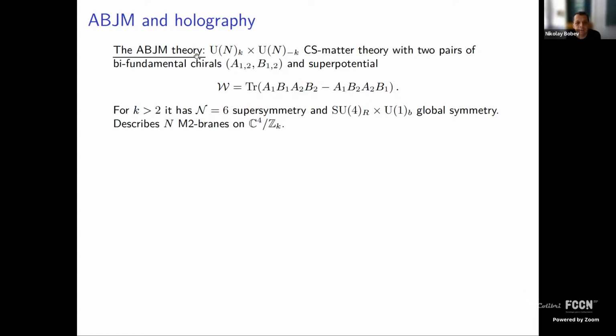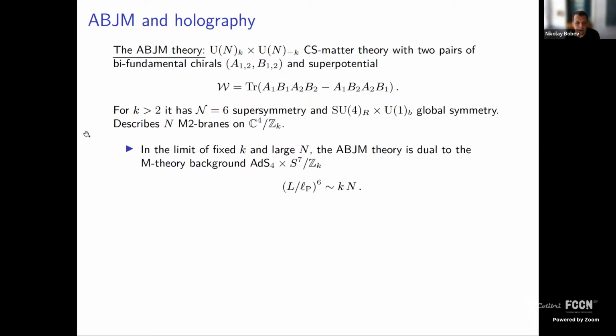And so the claim to fame of this model is that it is the low energy theory, the quantum field theory on the worldvolume of N M2 branes probing a certain orbifold of C4. I should note that this orbifold, if you think of C4 as a cone over S7, is actually smooth, so it's a completely smooth manifold, the base of the cone.